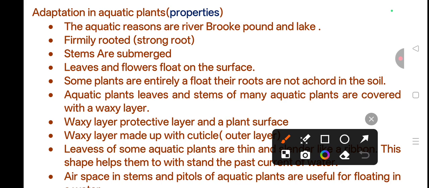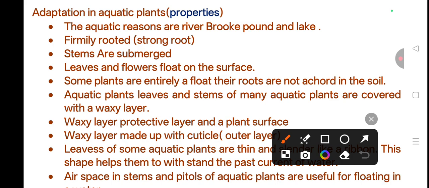Primarily rooted means strongly rooted in the soil of the water region. Have a river, have a lake; on the ground side soil is also available. Yes, those roots are firmly rooted, which means strongly connected to the soil.